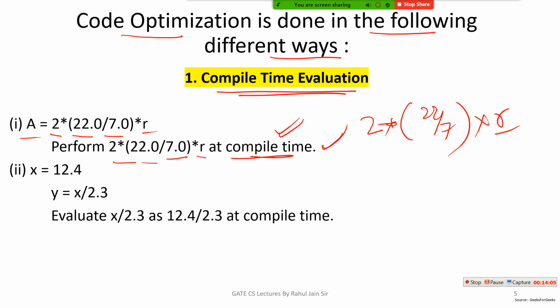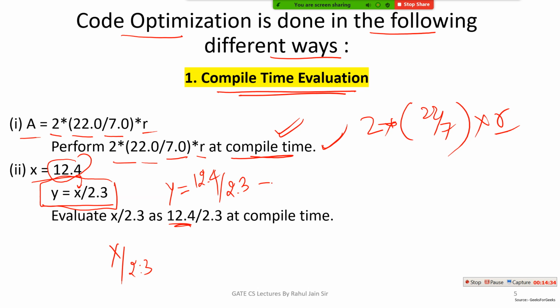The next one is, suppose x equals 12.4 and y equals x divided by 2.3 is given in our code. Then it will evaluate x divided by 2.3 first, by putting 12.4 in place of x, then divide it by 2.3, and whatever result comes would be on the output screen.